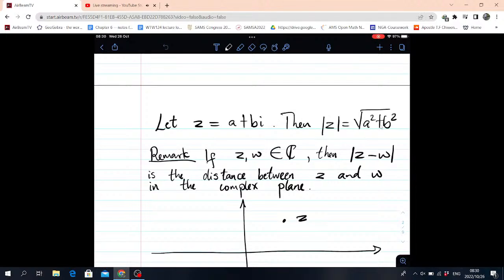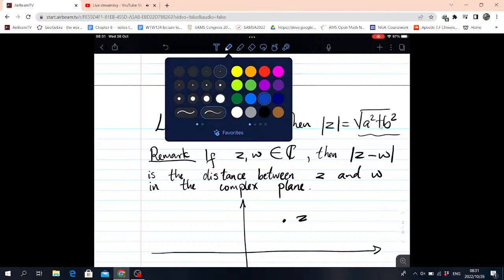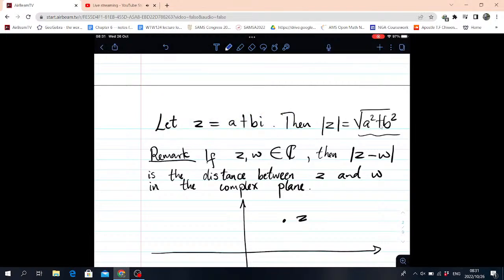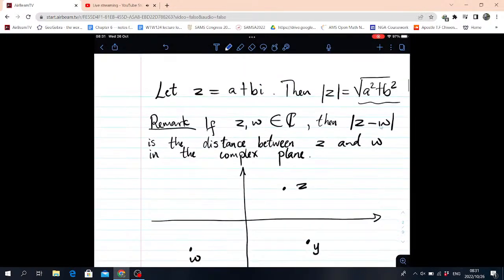So if you are given a complex number z, which is equal to a plus bi, then we know that the modulus of z is going to be that, right? To look at it from a geometrical point of view, if you are given two complex numbers z and w, then the modulus of z minus w is actually just the distance between z and w.